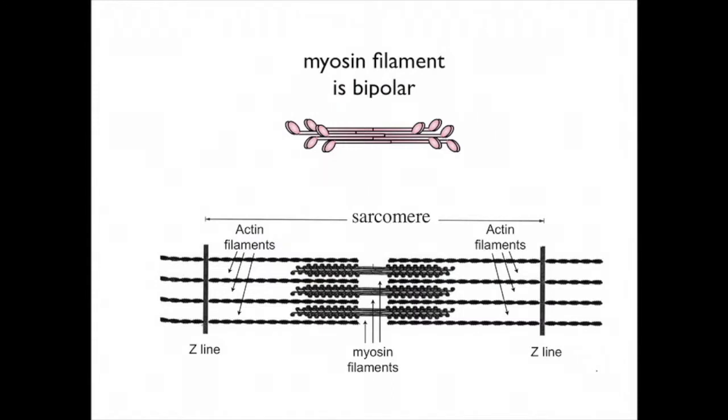This figure shows how the bipolar myosin filaments fit into the sarcomere. The idea is going to be that the rotation of the heads will move the actin filaments on both ends of the Z lines together and thereby shorten the sarcomere. We will see exactly how this works in just a few minutes.